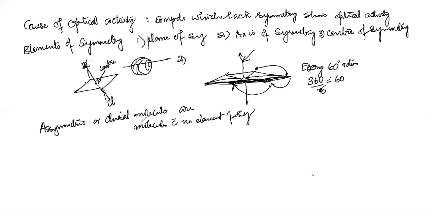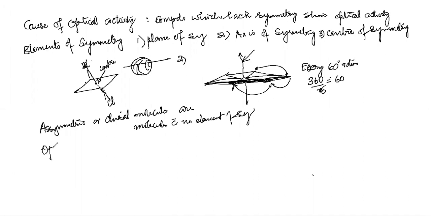How can you identify them? What is the criteria, and what is the necessary condition for optical isomerism?